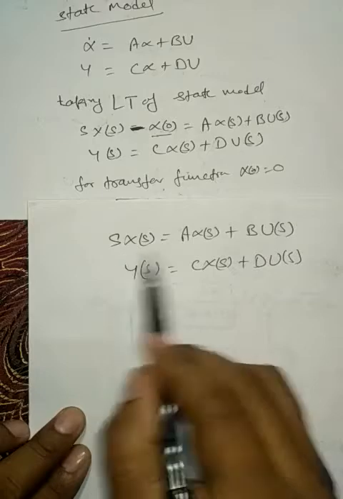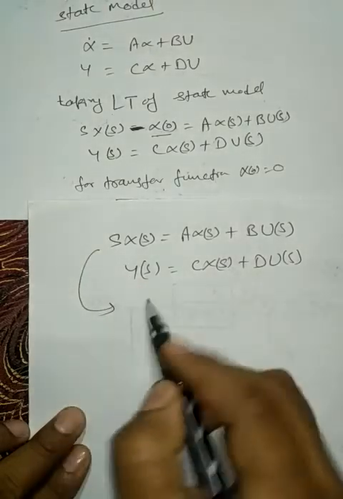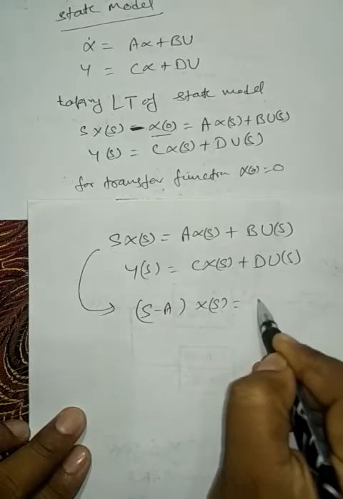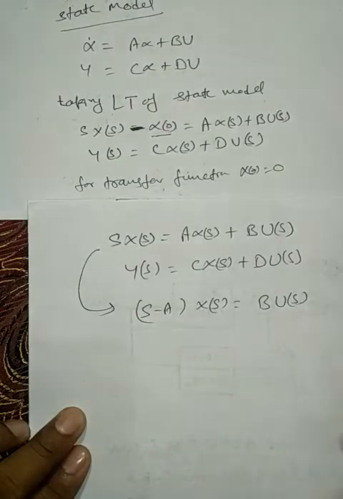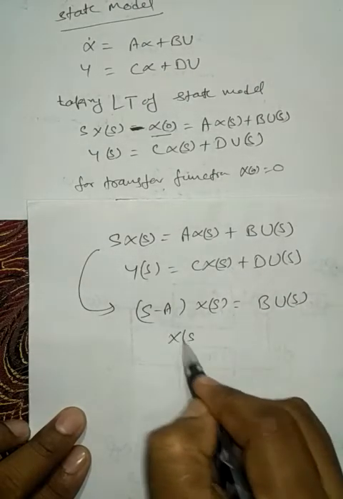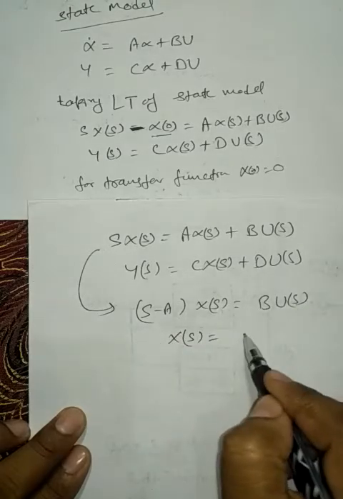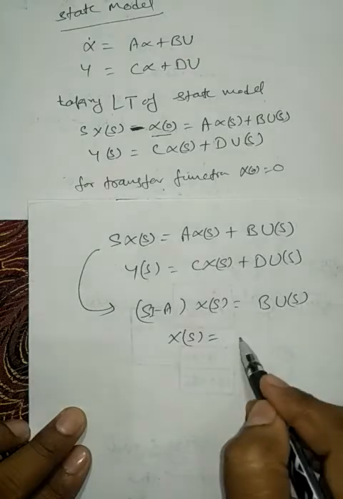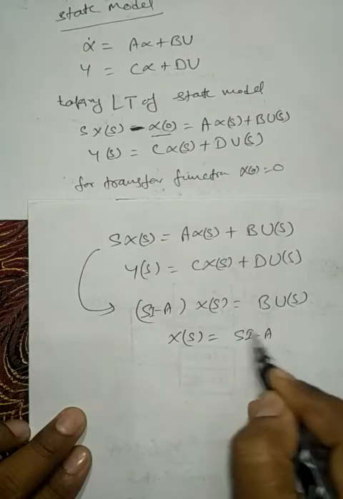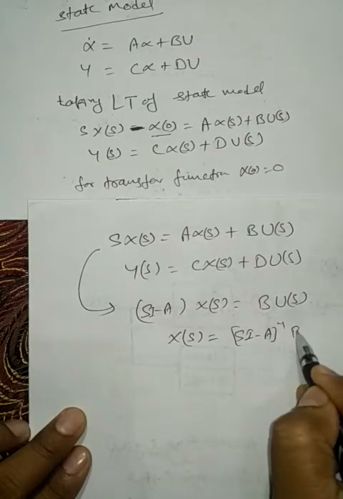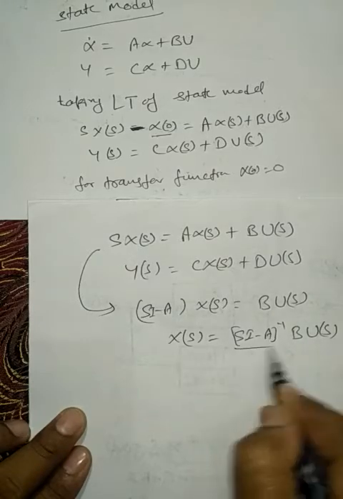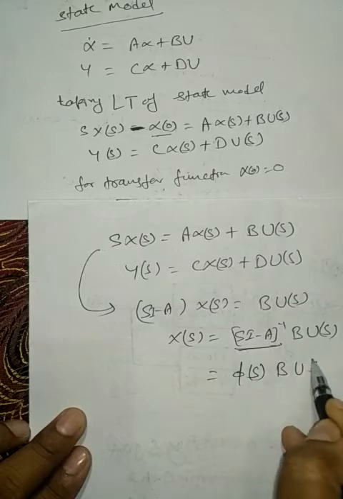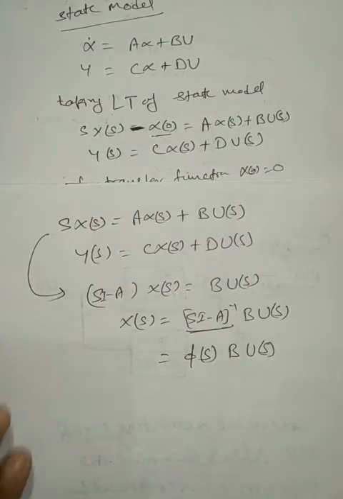right? From this equation, we have (sI minus A)X(s) is equal to BU(s), or X(s) is equal to (sI minus A) inverse BU(s), and we know this term (sI minus A) inverse is phi(s).